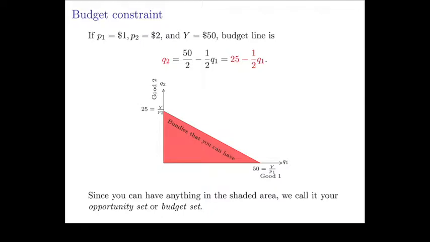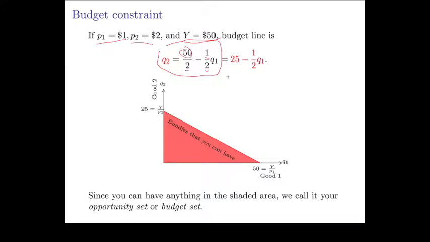So we could draw a picture for some given prices and income. So let's suppose the price of good 1 was 1, price of good 2 was 2, and income was 50. Then plugging into our equation for the budget line, we have Q2 equals Y over P2 minus P1 over P2 times Q1. P2 is 2, P1 is 1, and Y is 50.